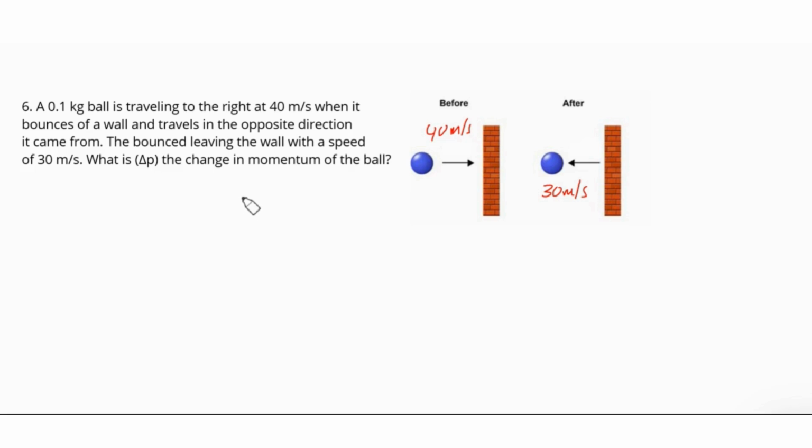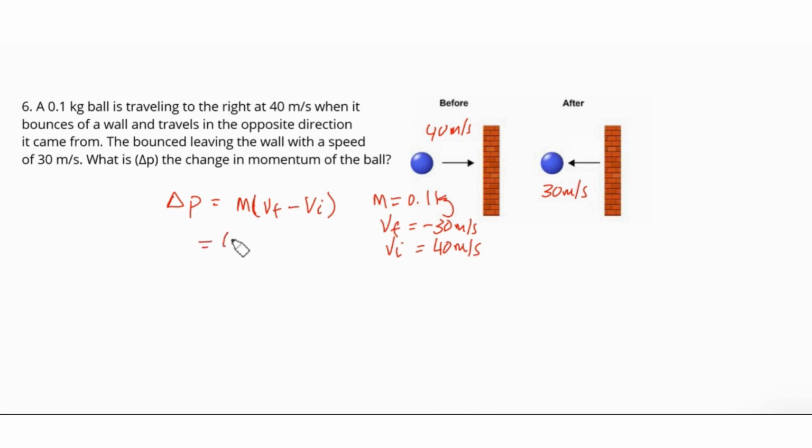And so, again, delta P is equal to m times (vf minus vi). We see that m is 0.1 kg, vf is negative 30 meters per second because it's coming back towards the left. The initial was 40 meters per second.